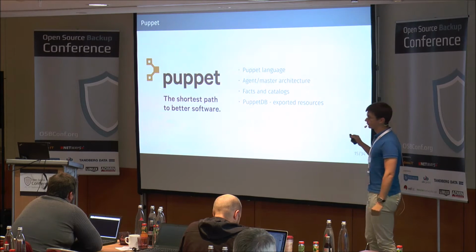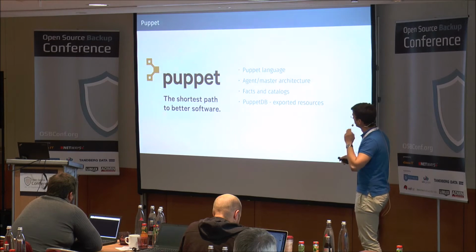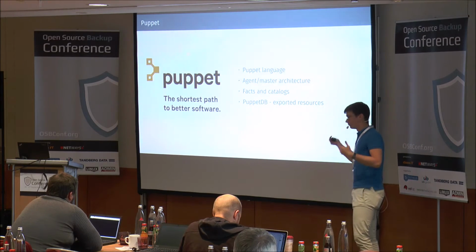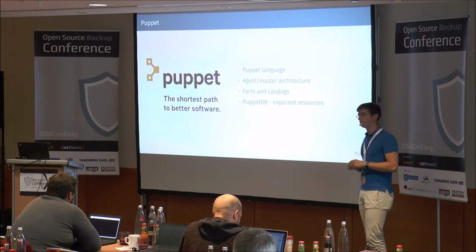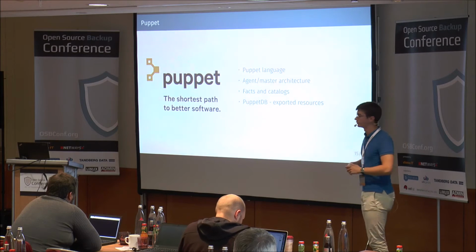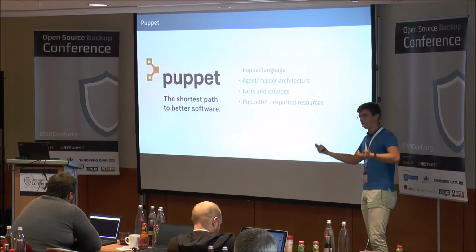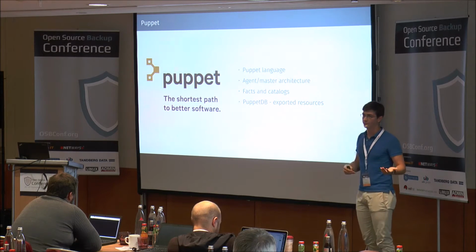I will give you a short example of the Puppet language and how we use it. Puppet is an agent master architecture, or how we use it as an agent master architecture. This means the agent collects facts about the hardware or the system it is running on.